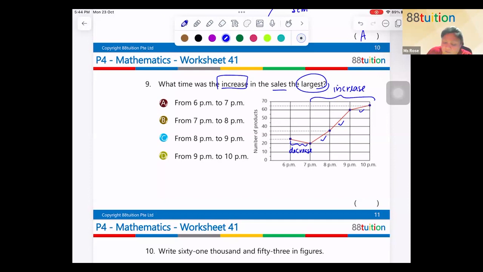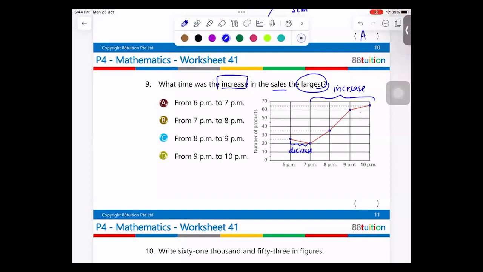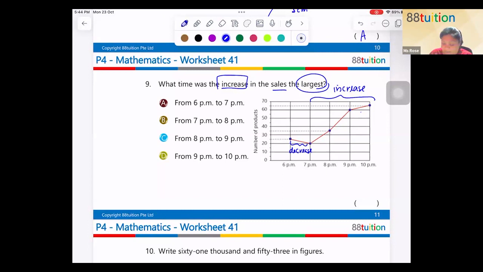But because we want to find out which increase is the greatest, what do you need to do next? Can anyone tell me how to find that largest increase? Find the difference between 7 to 8, 8 to 9, 9 to 10.